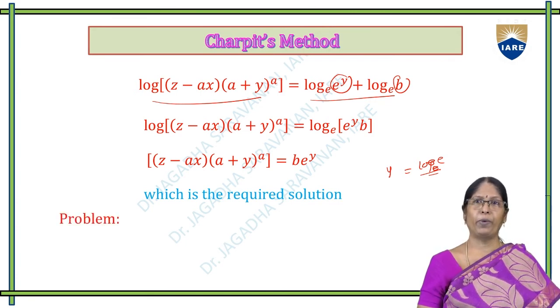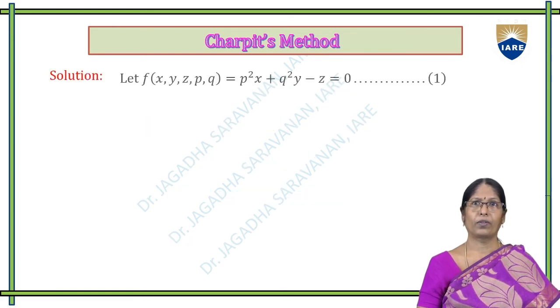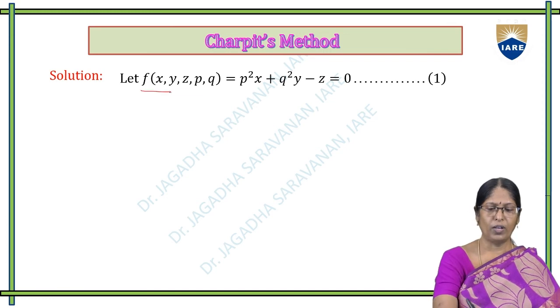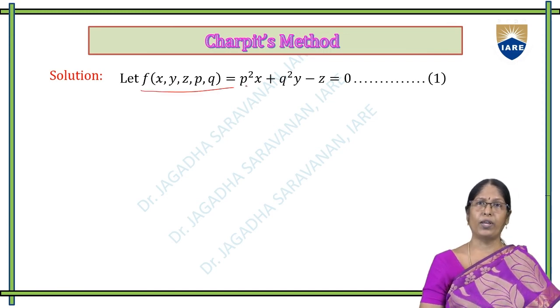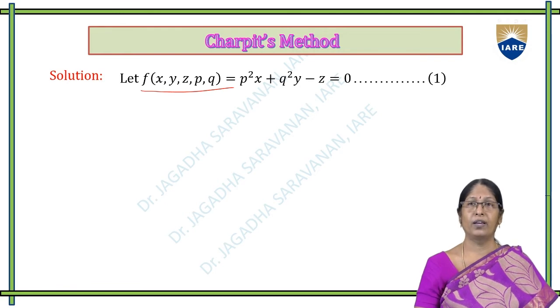The next problem is solve z equal to p square x plus q square y. Now, the solution is our function f, which has the variables x, y, z, along with p and q.